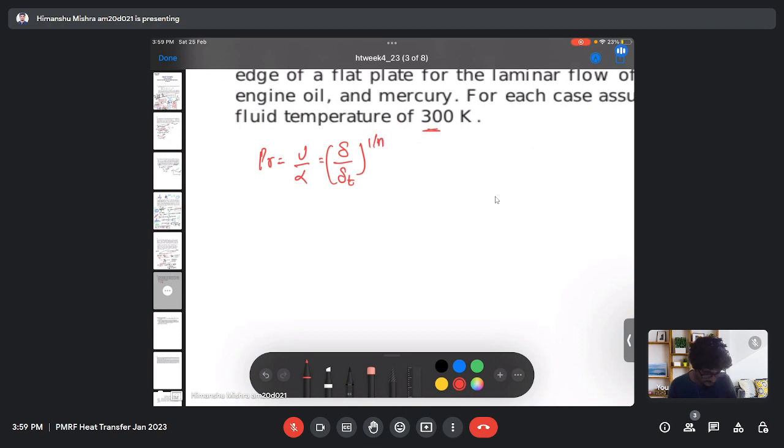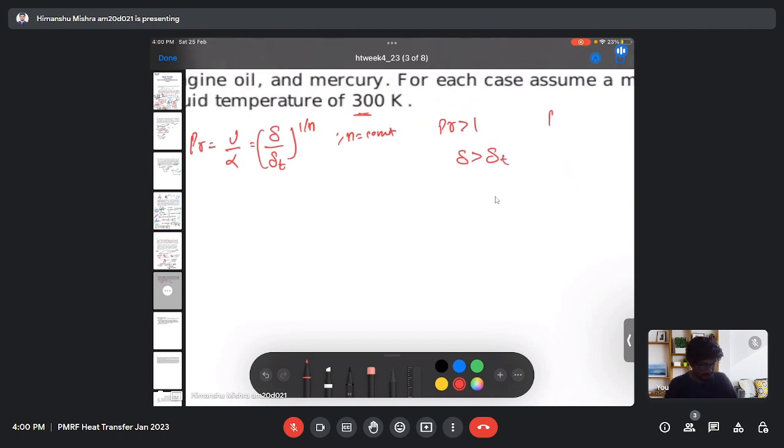To the power 1 by n. Here n is the constant. So Prandtl number basically says which type of boundary layer will be dominating. For example, if my Prandtl number is greater than 1, in that case my hydrodynamic boundary layer will be greater than my thermal boundary layer. And if my Prandtl number is less than 1, in that case my thermal boundary layer will be greater than my hydrodynamic boundary layer.